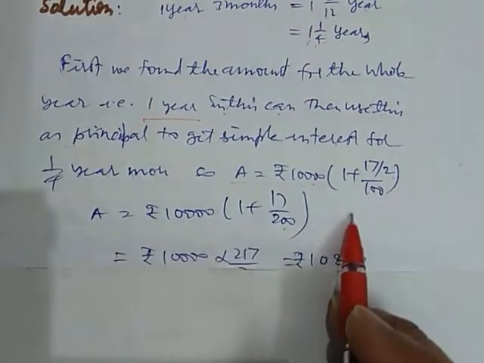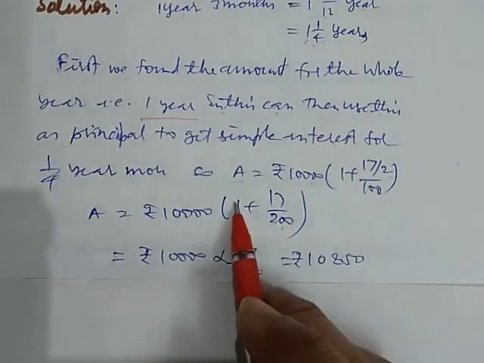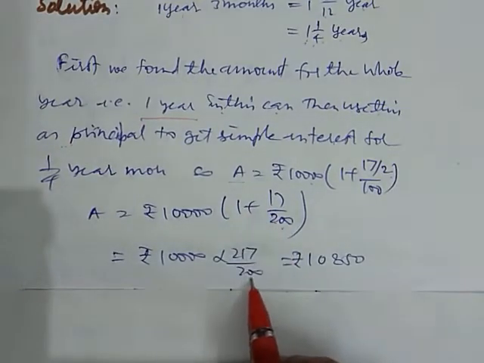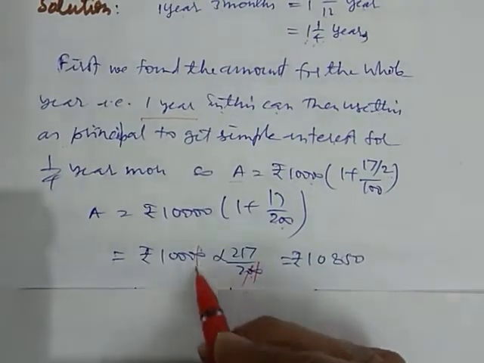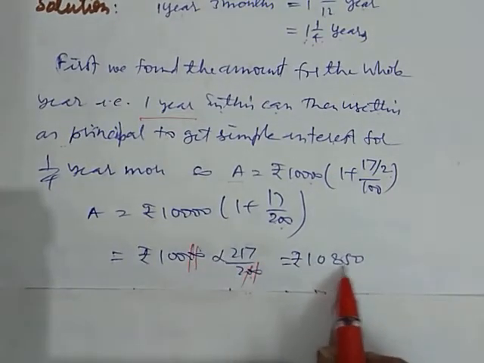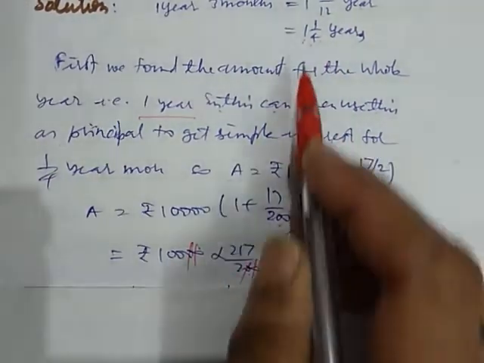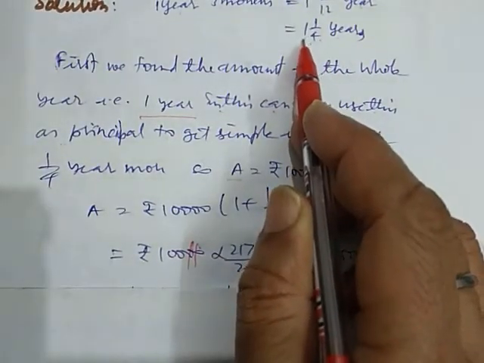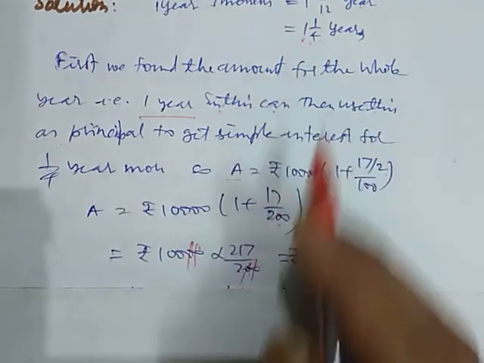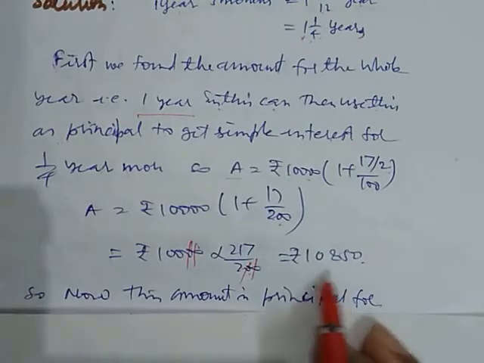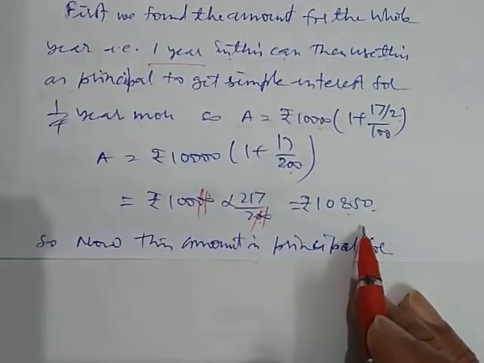Taking the LCM 200, we get 200 plus 17, 217 by 200. By solving this, we get 10,850. In this type of question, the special care is that first we calculate the whole year and then the fraction. Now this amount becomes the principal for the next calculation.